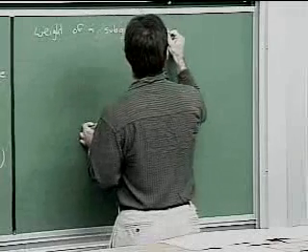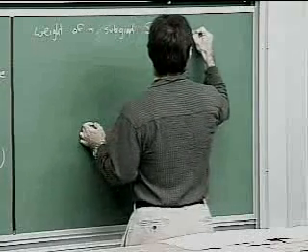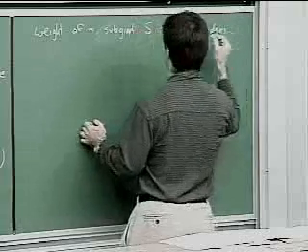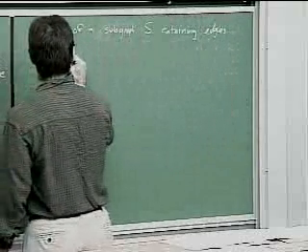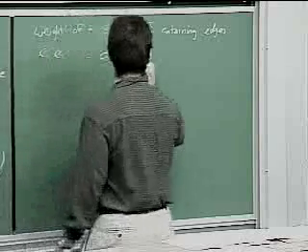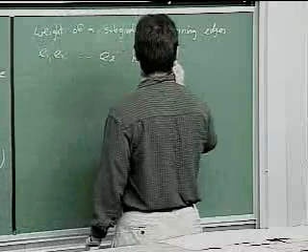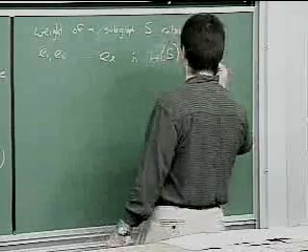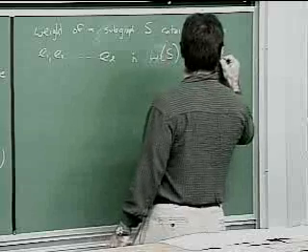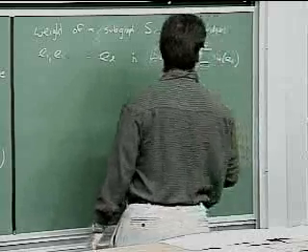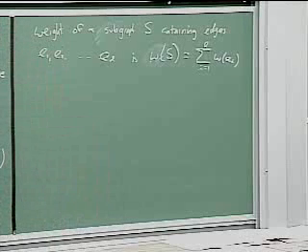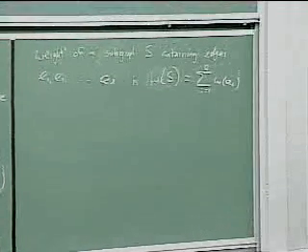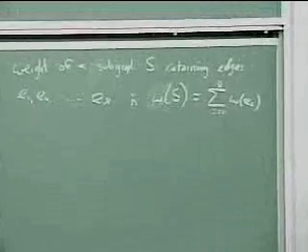The weight of a subgraph S containing edges E1, E2, dot, E sub L is simply W of S is going to be the sum, i equals 1 to L, W of E sub i. Remember, we can use either notation for an edge, a pair of nodes, or just the edge itself. We'll switch back and forth depending on what's more convenient.